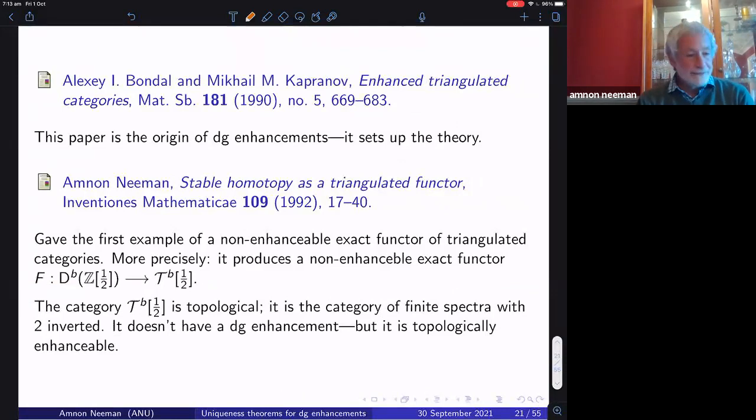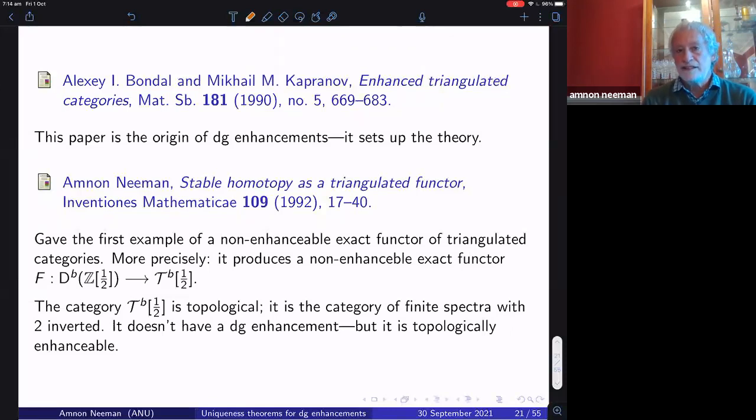So the string of definitions I've given is all from the 1990 paper by Bondal and Kapranov. I should say that the theory of enhancements is older. It goes back to Quillen in the 1960s and a later variant by Waldhausen. And of course, there are modern variants. There are the infinity categories, which are very popular nowadays.